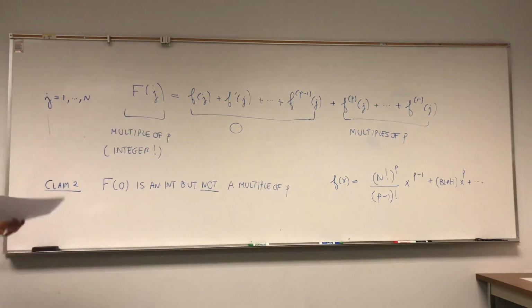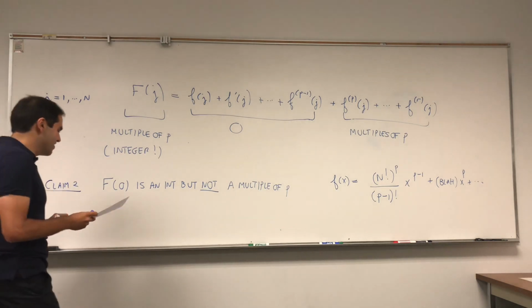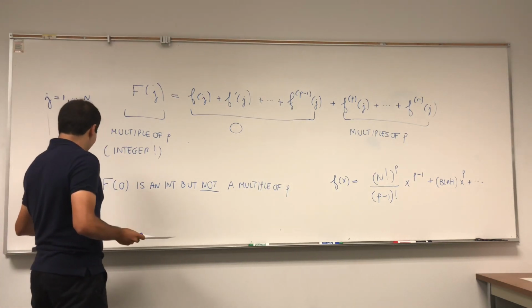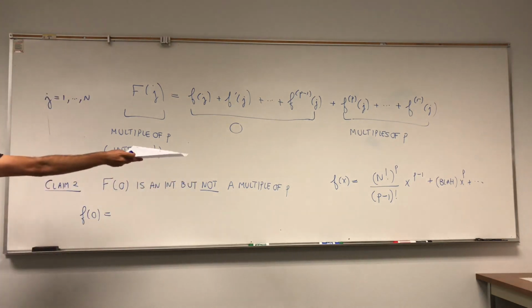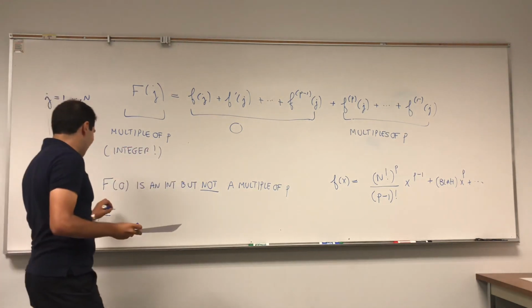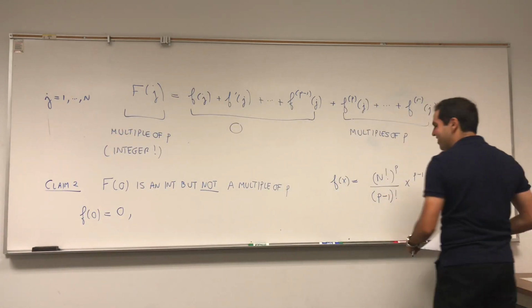Okay, and again, you do it by cases. What if you take lots of derivatives? What if you don't take many derivatives? So on the one hand, if you evaluate f at 0, you get 0 because of this x to the p minus 1.